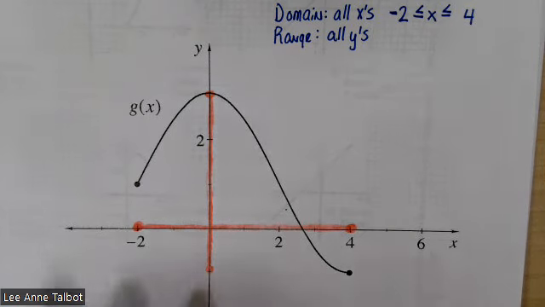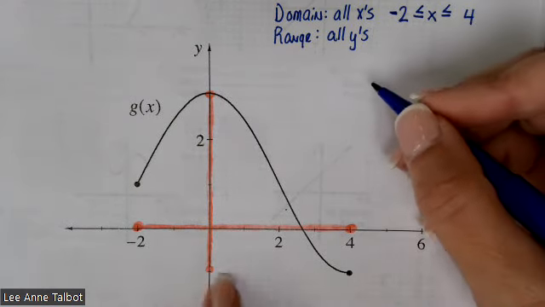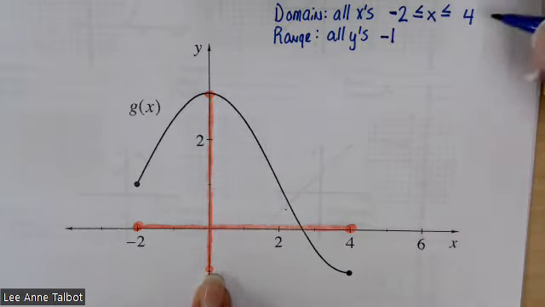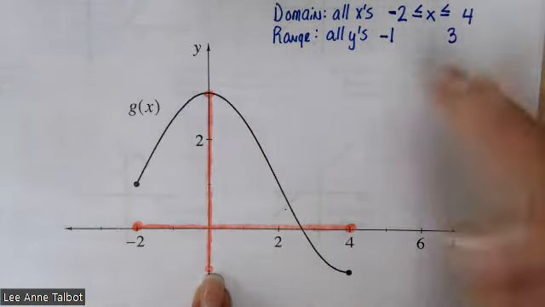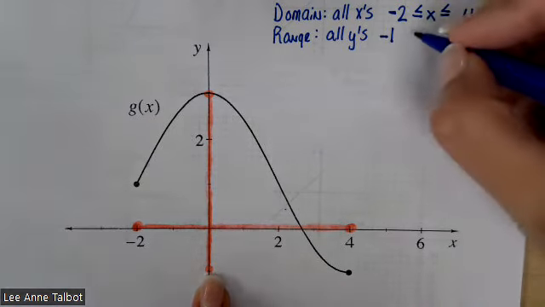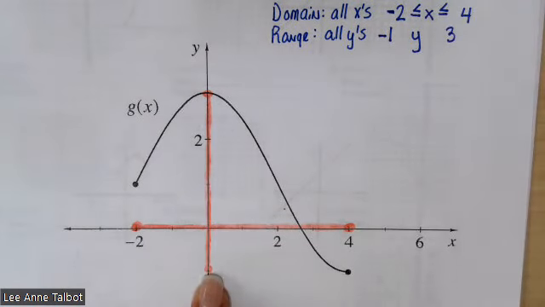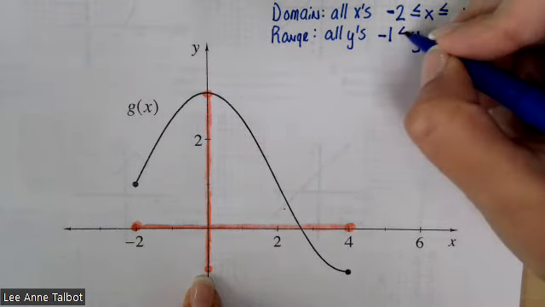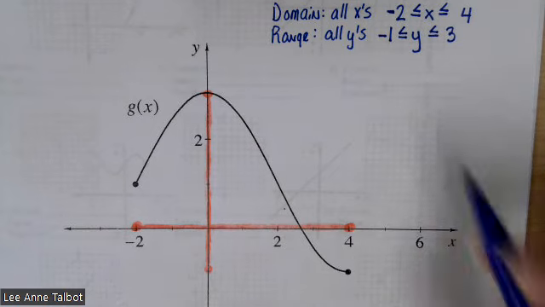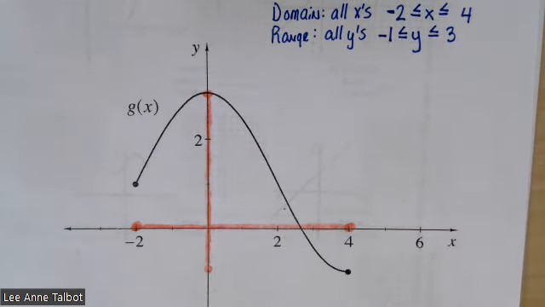Okay, now let's do the same thing for the range. When you do the range, you start with the bottom number and you go to the top number and leave some space. This time we're working with y's on the y-axis. And we're saying y is between -1 and 3.